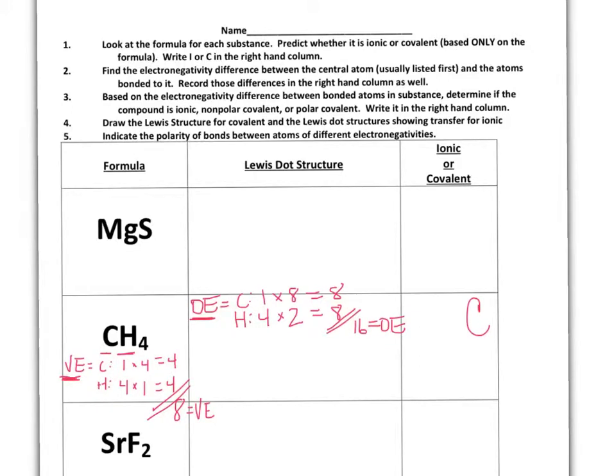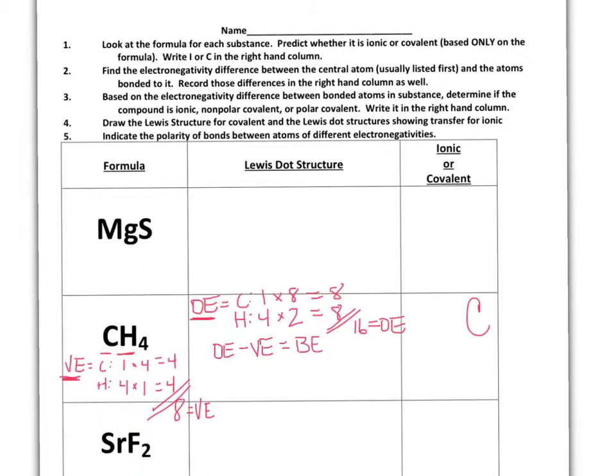Okay, so after that, you are going to take the octet electrons minus the valence electrons, and that will give you the bonding electrons.